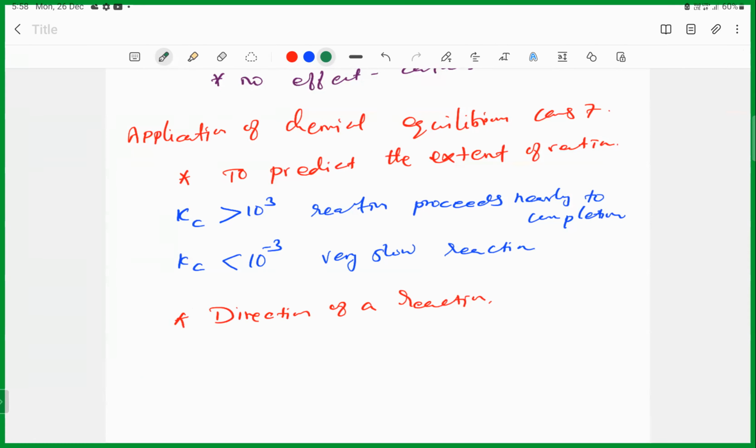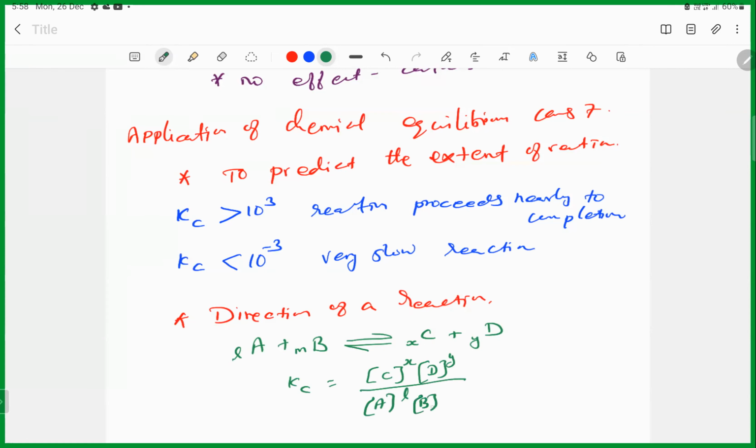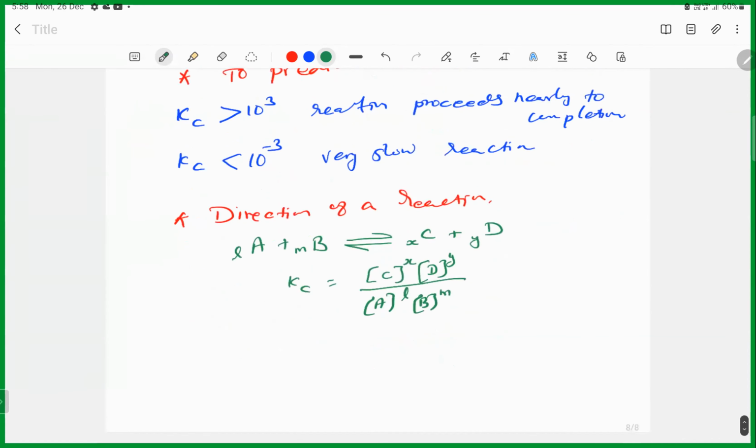When you are writing a reaction like this, L moles of A plus M moles of B in equilibrium with X moles of C and Y moles of D, then the equilibrium constant Kc is equal to concentration of C power X, D power Y, over A power L, B power M. This is how we will write that.